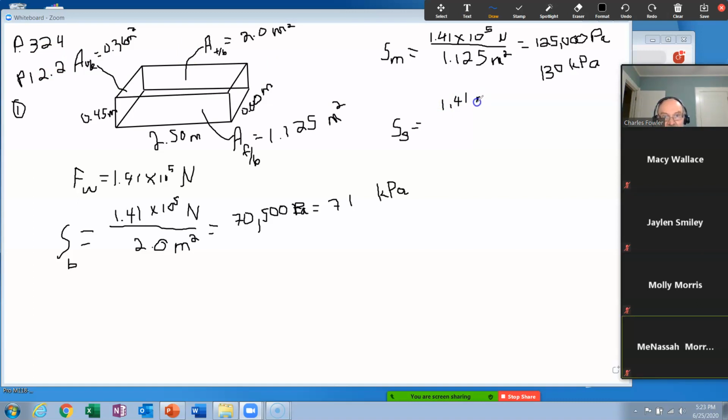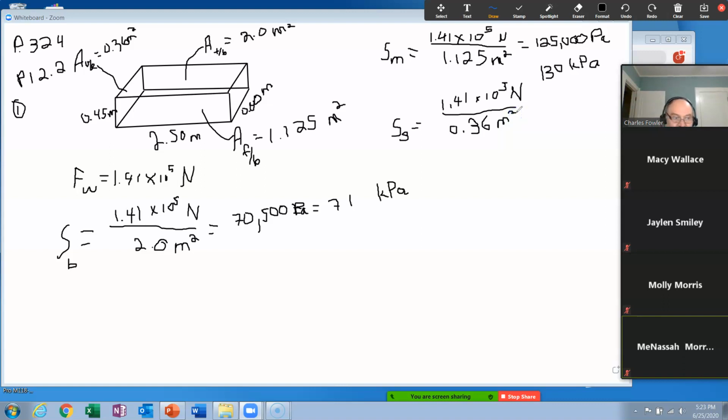And that's times 10 to the 5th, same as before. I can't write. 10 to the 5th newtons divided by, this time, that small area is 0.36. Okay, I think you're going to be maybe a little surprised to see how the stress has gone up. 0.36 square meters.